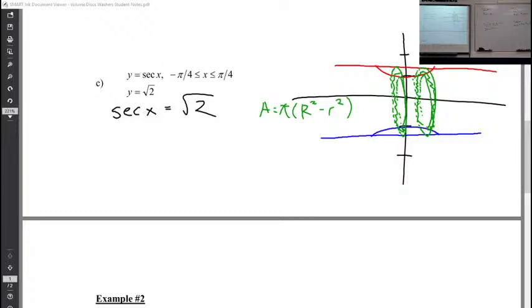And you can probably guess where it's going to be. But hopefully you can also solve this equation and know where secant is going to equal square root of 2, because secant equaling square root of 2 is the same as asking where cosine is 1 over root 2, root 2 over 2.